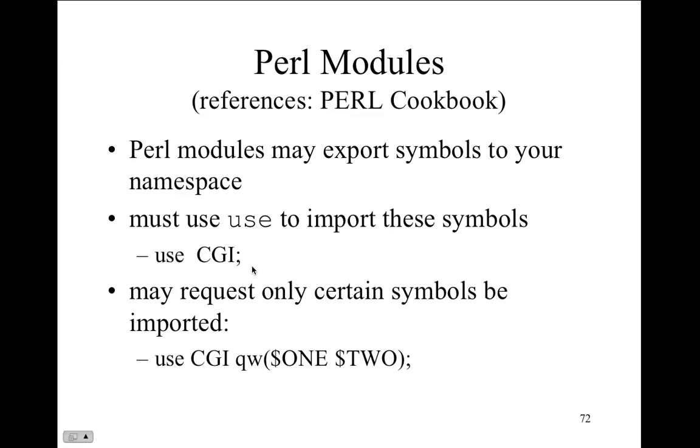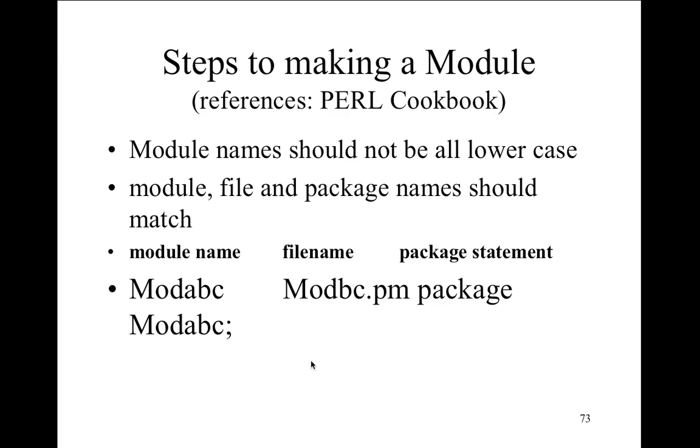An example of that is what you're going to find with the CGI interface if you take that step with that first program that I went over earlier today. If you use CGI, well, it loads a CGI module. It may request only certain symbols be imported. So use CGI and then bring in these symbols. So it may export symbols to your namespace.